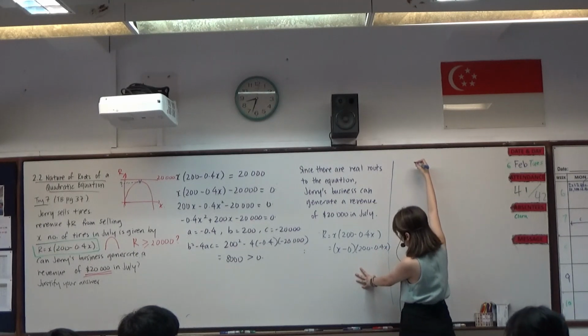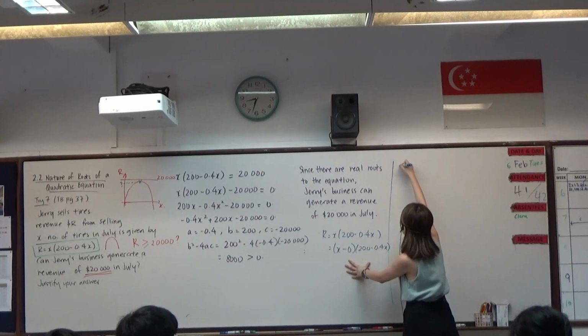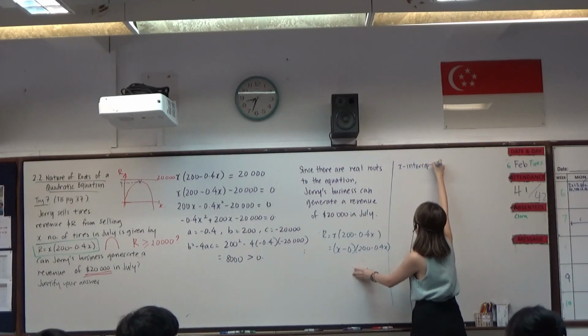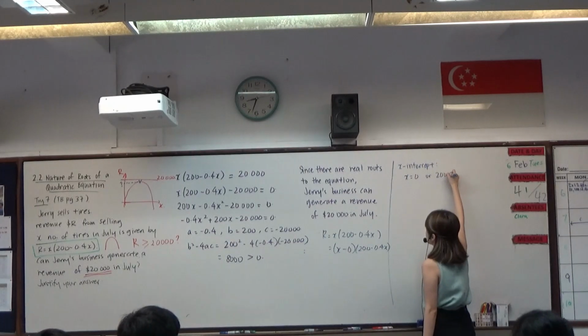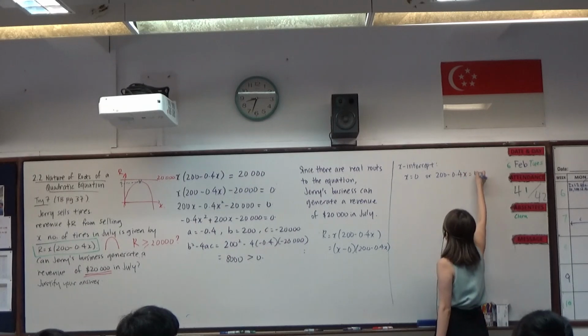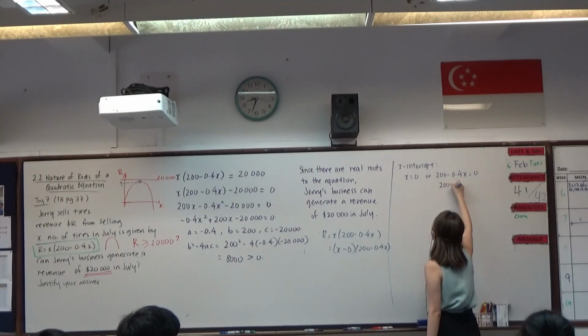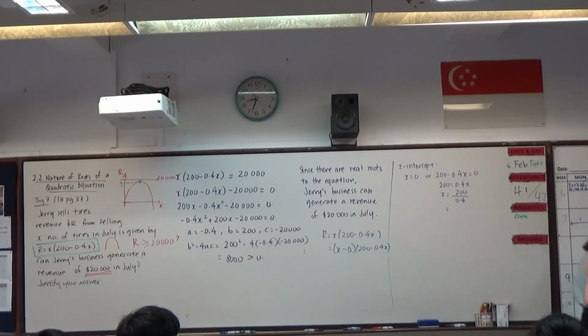So if we use the roots here, the x-intercepts, that will mean x equals 0, or 200 minus 0.4x equals 0. 200 divided by 0.4, what is it? 500.